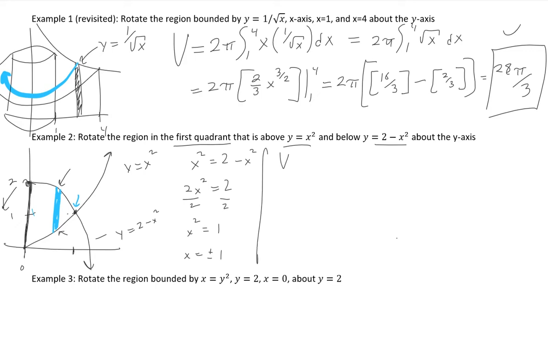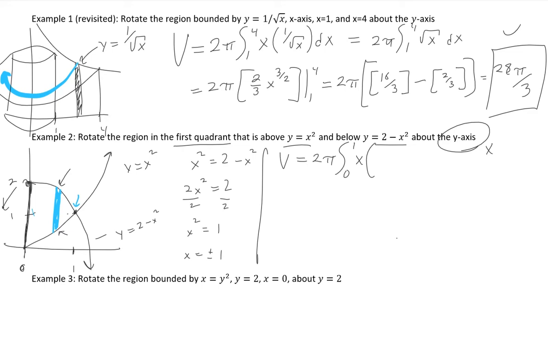All right, so let's solve for this. We have volume equals 2 pi. In this case, we're rotating around the y-axis, so that means if we're using shells, we're going to use x variables. We're going to keep them as they are. We don't need to solve for y. And that also means that the bounds we use are from 0 up to 1. The radius is x, it's how far along we are, but the function we have is going to be a difference between the top curve and the bottom curve.